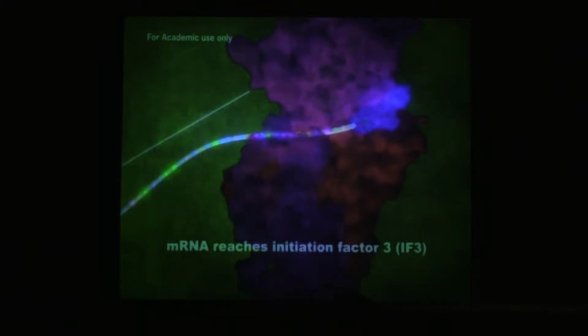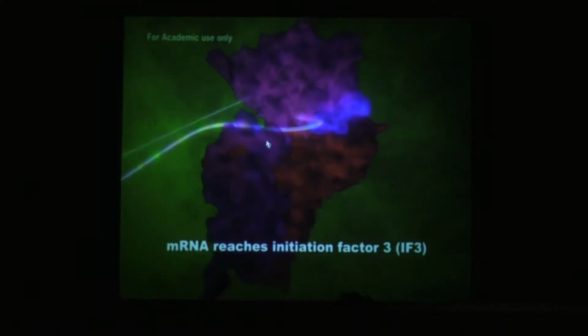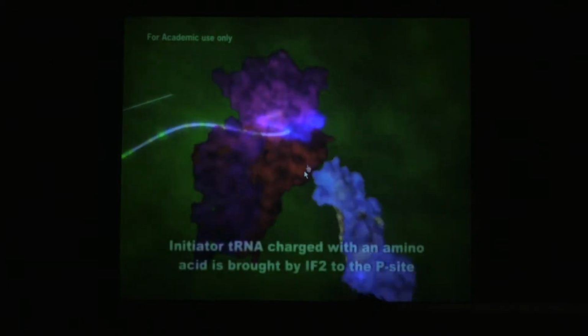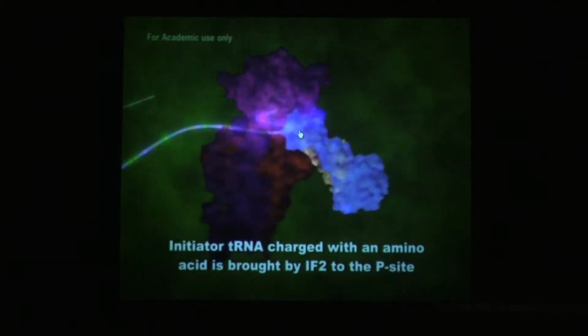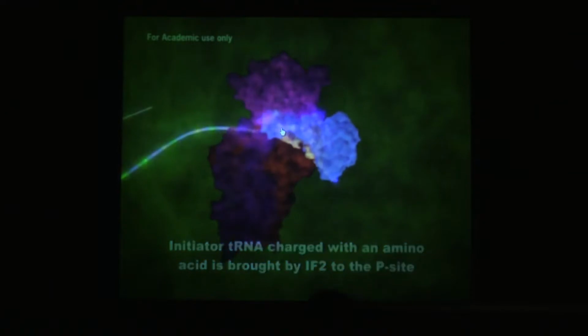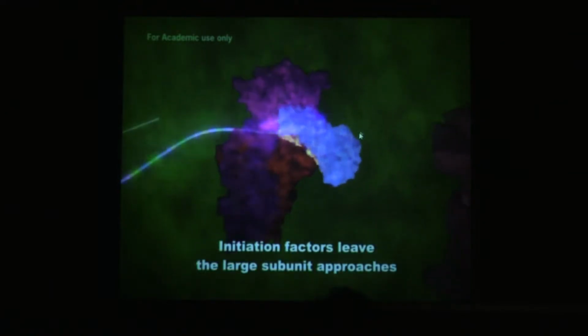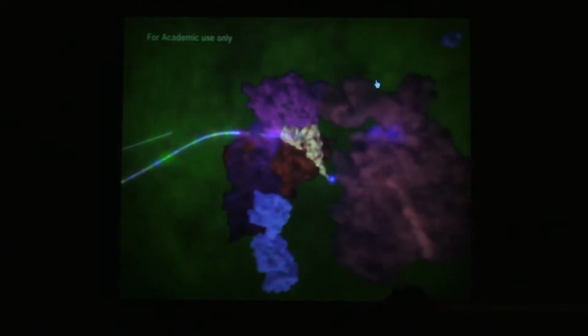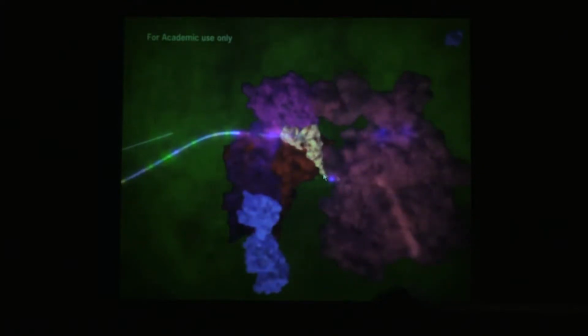So here is initiation factor number 3, and it makes sure that the messenger is bound correctly, and the first tRNA is associated correctly. It's brought with initiation factor 2. Now the factors are happy, they go away, and the large subunit can come and bind.